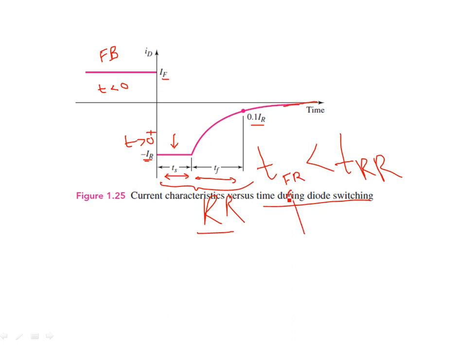So the forward switching time is not as long as the reverse recovery time. But again, it's limited. It's not instantaneous because of the junction capacitance. So in both switching states, on to off or off to on, you require some time for the diode to conduct or become an open circuit.